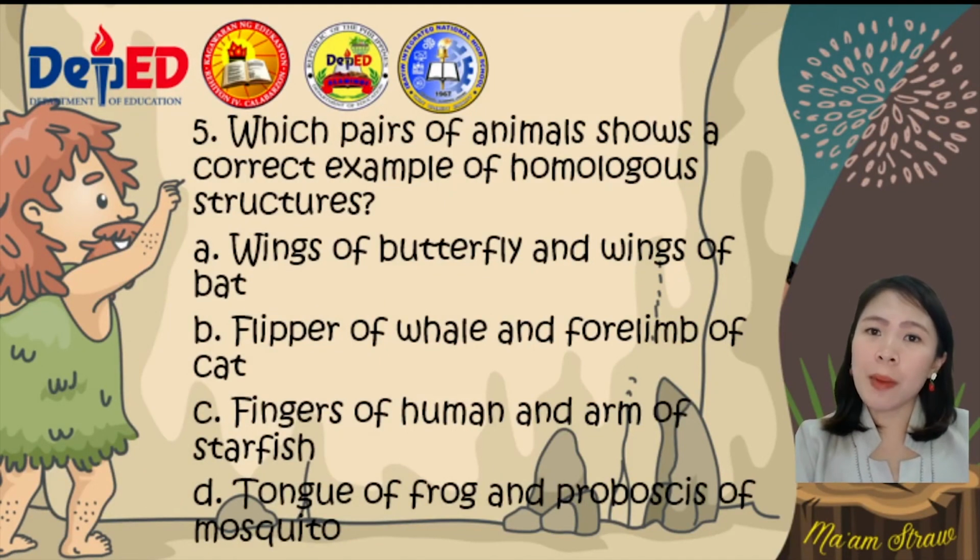For question number 5, which pairs of animals show a correct example of homologous structure? A. Wings of butterfly and wings of bat, B. Flipper of whale and forelimb of cat, C. Fingers of human and arm of starfish, D. Tongue of frog and proboscis of mosquito.